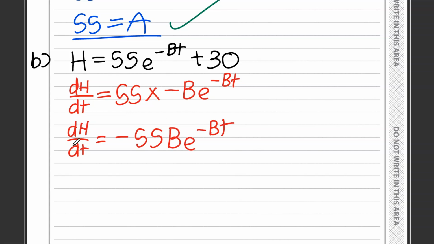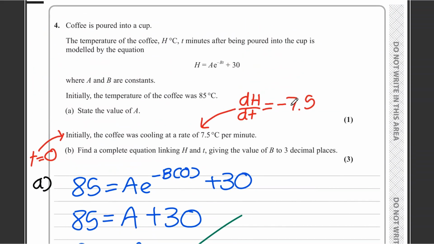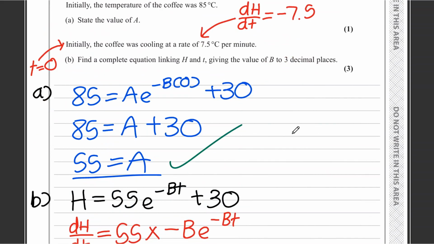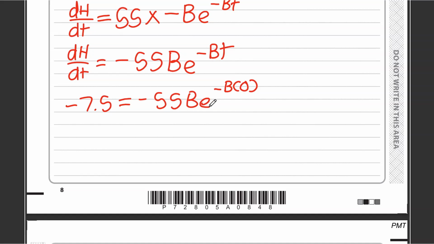So therefore we can sub in the value of dh over dt, when t is equal to 0, dh over dt is equal to minus 7.5. So it's going to be minus 7.5 is equal to minus 55b e to the power of minus b times t, and t is 0. This is the same as before. Minus b times 0 is 0, so this is going to be e to the power of 0, which is 1.